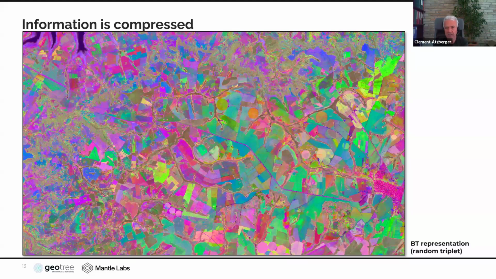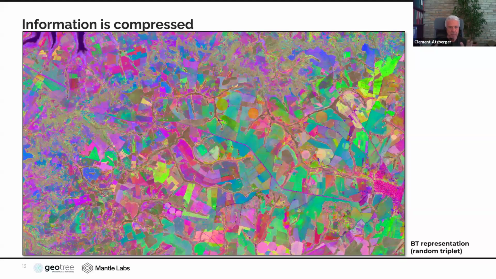And here is a random combination of 3 out of 32 representations. And what you immediately see is how rich the information is. It's really a very good learning of this spectral temporal signature. You readily see the field boundaries. You see different colors indicating a different spectral temporal behavior of different crops. Obviously, over agricultural fields it is often more different than over forests, right?